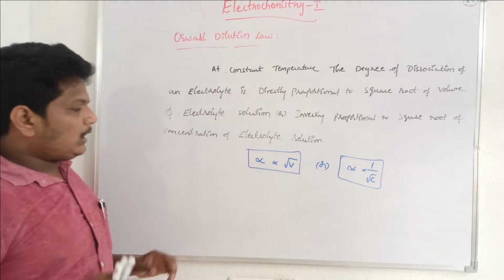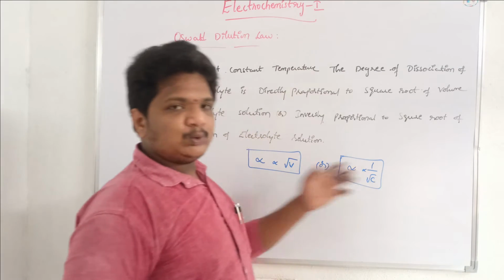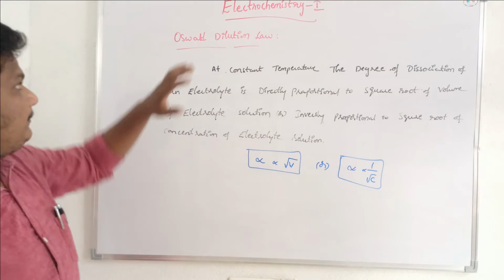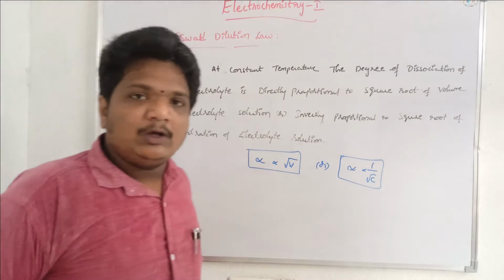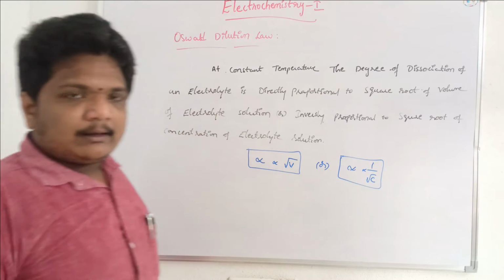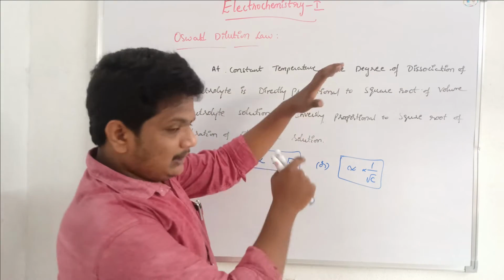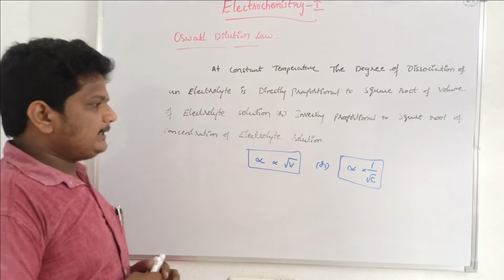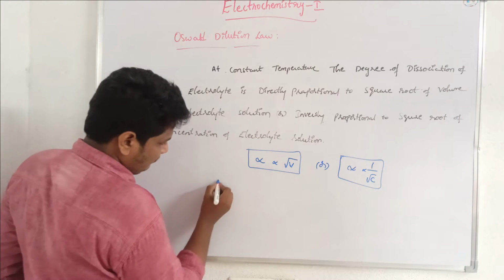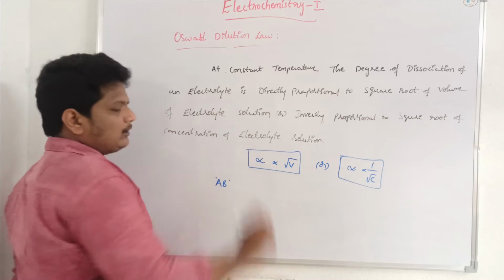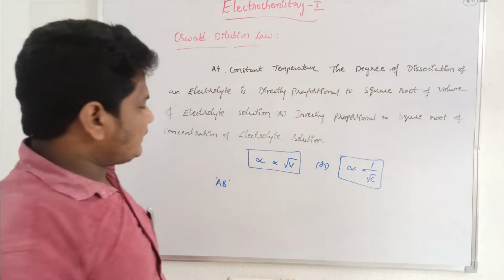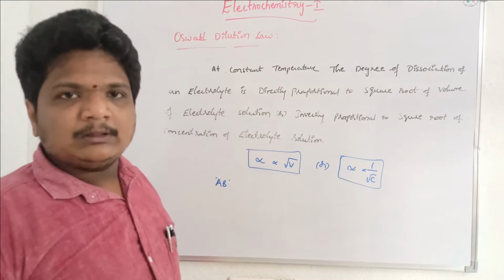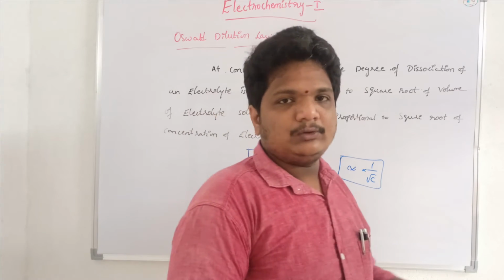So how do we prove these two statements? In order to prove this, let us consider an electrolyte, AB. This electrolyte undergoes dissociation in a solution.